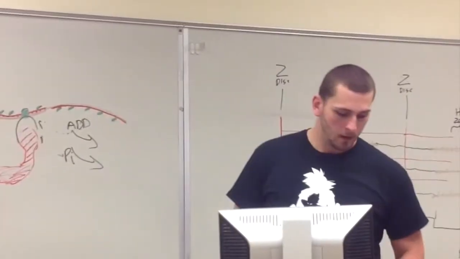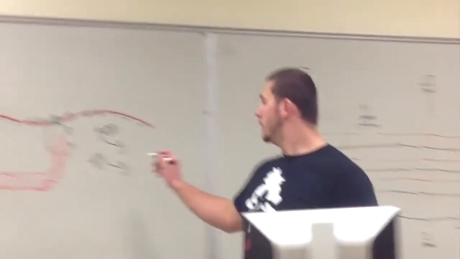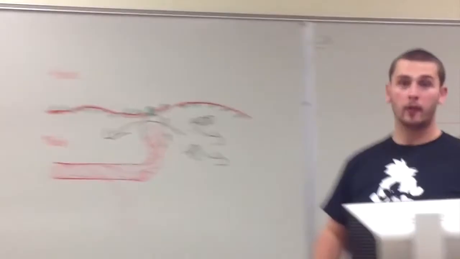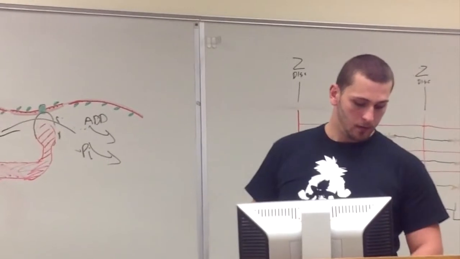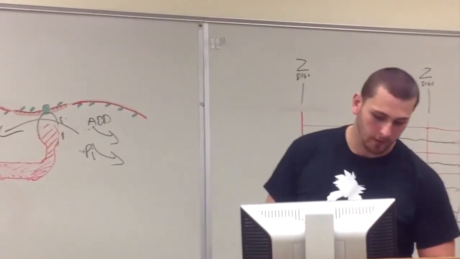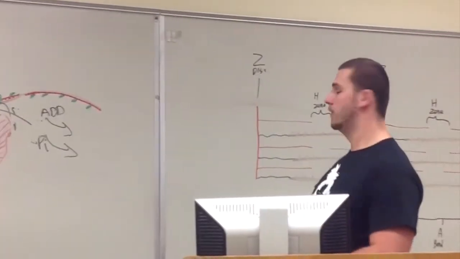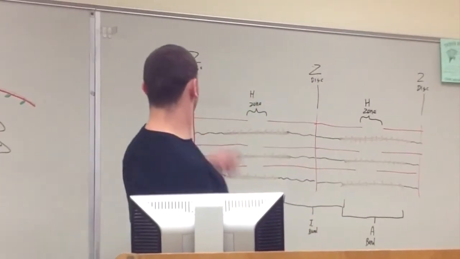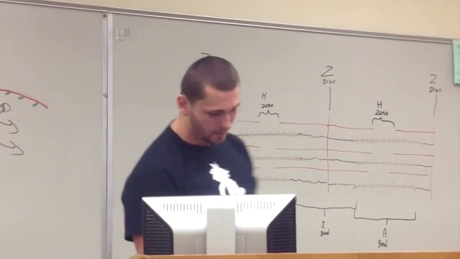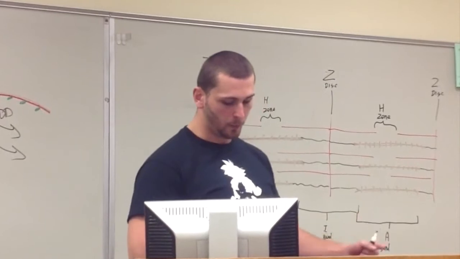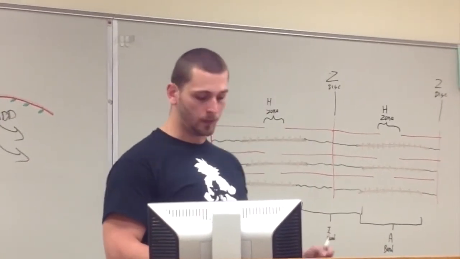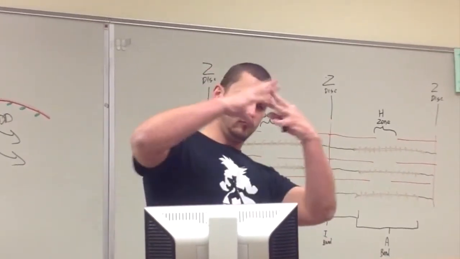This pulling of thin filaments on a macro scale is what we call muscle contraction. The H zone length is shortened and the opposing thin filaments on one sarcomere come closer.